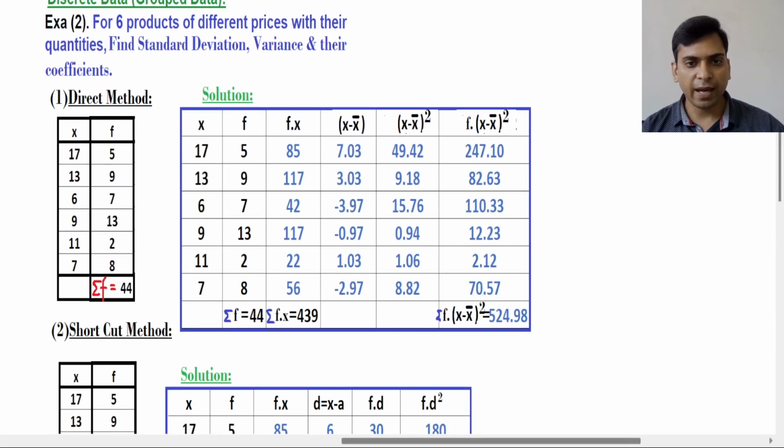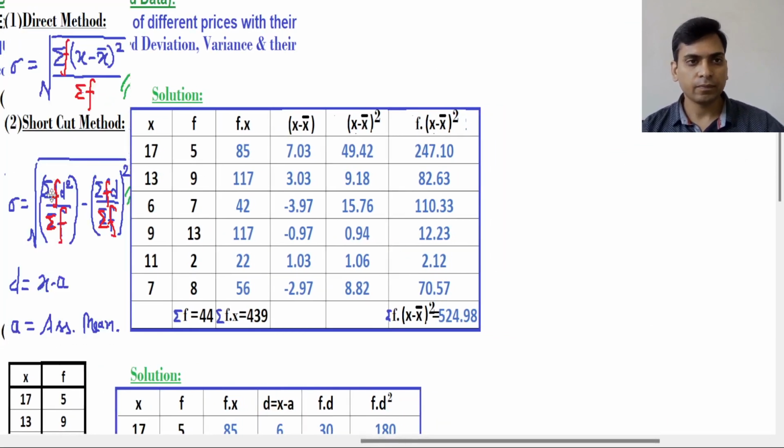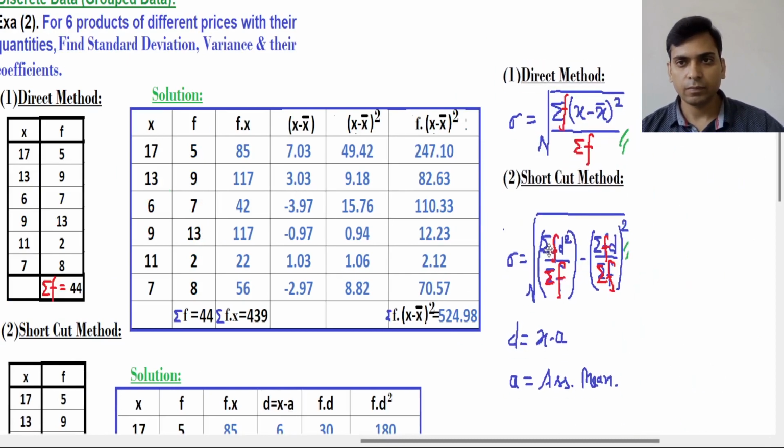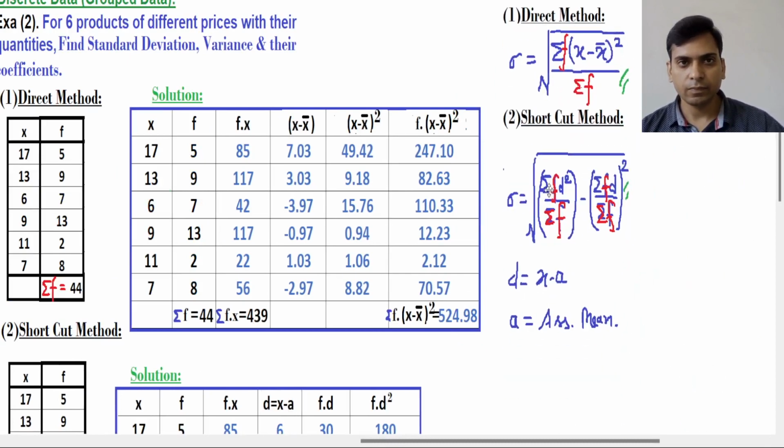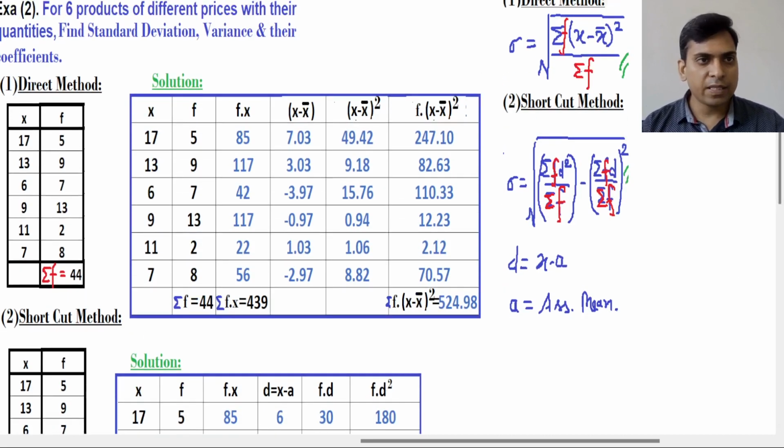And this is discrete type of data. We have this question: 6 products of different prices with their quantities.